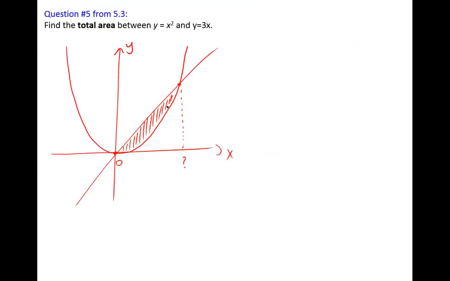And this is that area. This one looks nice because I can call f of x 3x, and the bottom one I can call x squared. That makes sense. And what we need is a point, or points, I think it looks like one, of intersection.